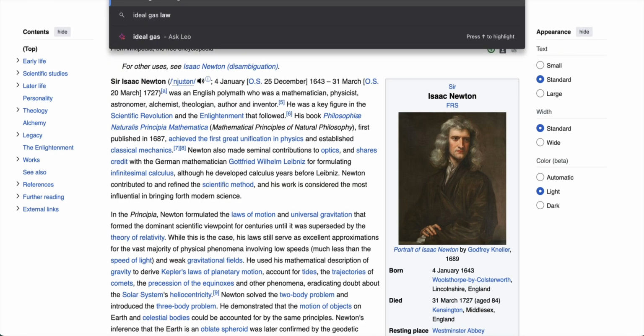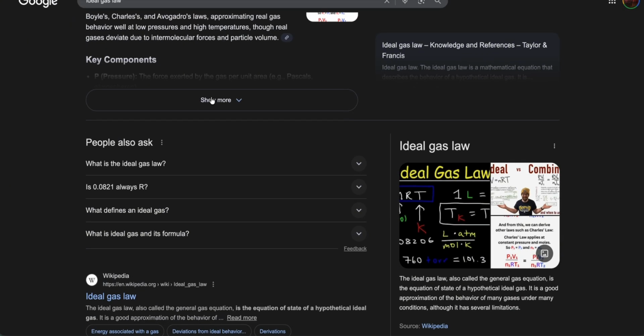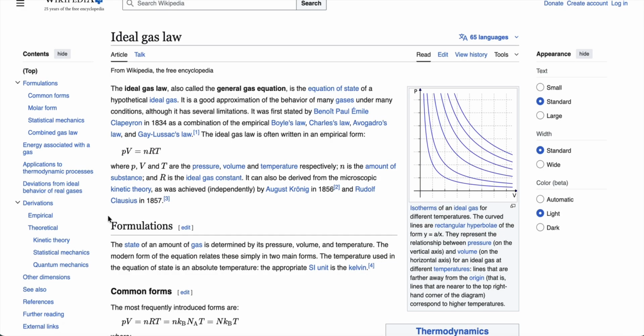Ideal gas law, it should be during the first industrial revolution era, because the first industrial revolution has to do with thermodynamics and engines, Carnot cycles, for those of you who are deep into physics and so on. But I would say 200, maybe 300 years ago. Okay, 200 years ago.